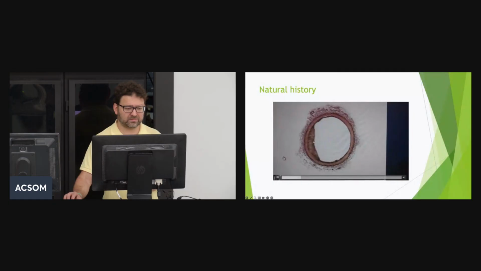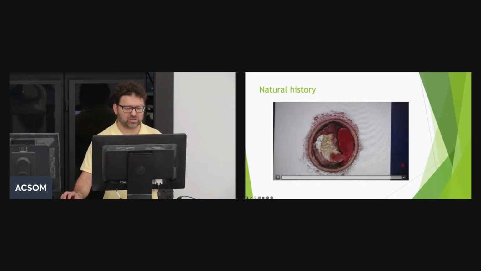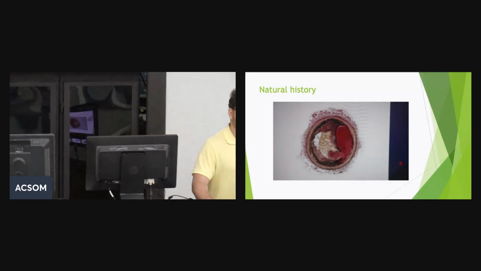Progression of plaque. This is over decades. Plaque, then thin fibrous cap begins to form. Site of plaque rupture, contents released, platelet and thrombus formation. This leads to transmural infarction.